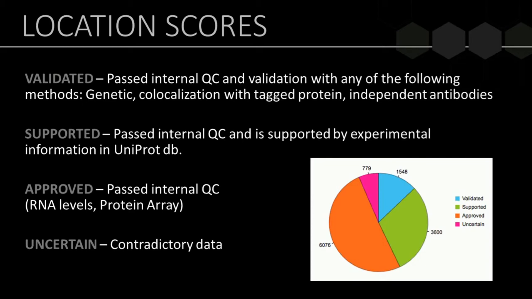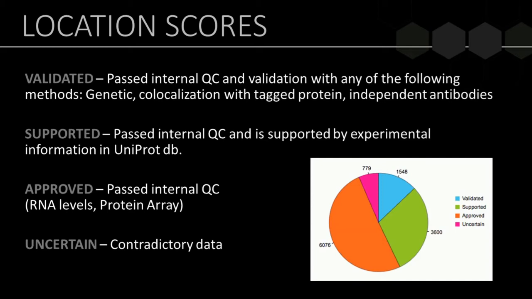The gene has to be expressed at the RNA level in the examined cell line, and the antibody has to give a selective and specific pattern on the protein array analysis. So if we have no information about the protein location, there's no literature known for this protein, but it passes our internal QC protocol, then it will be published on the atlas with the score approved.